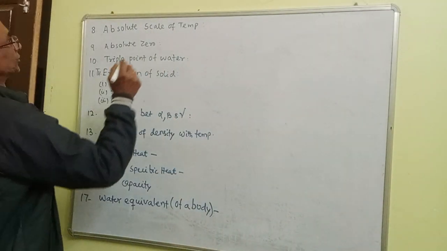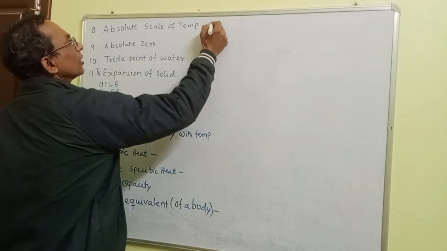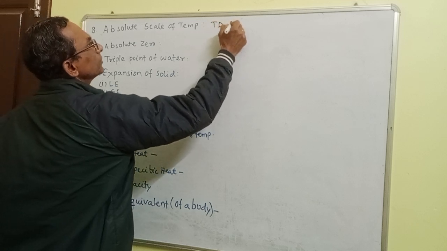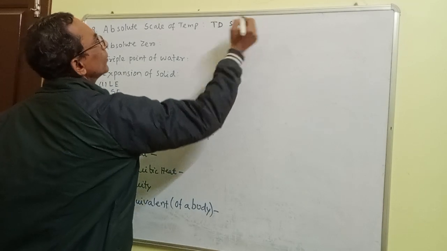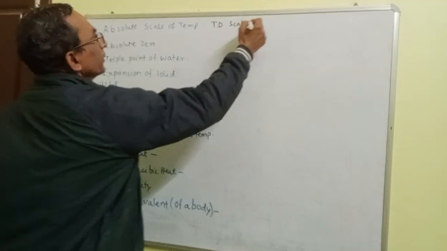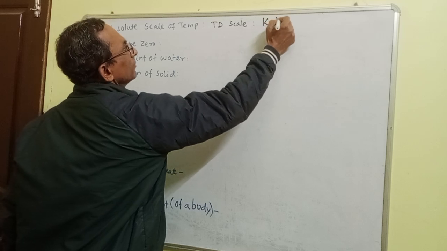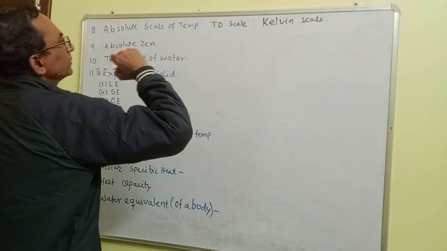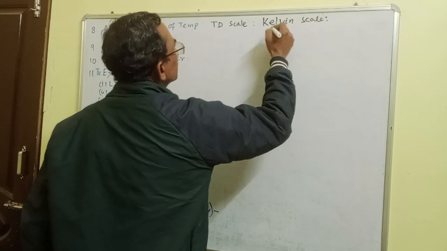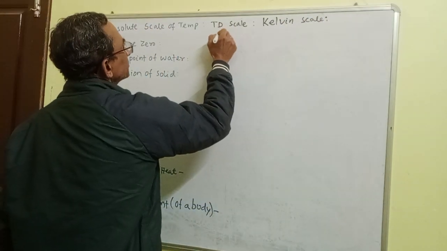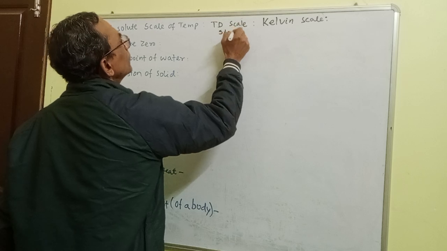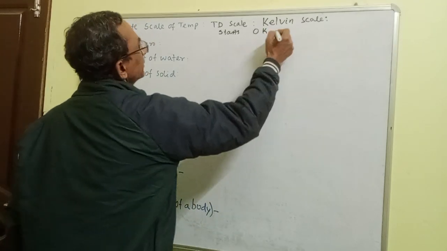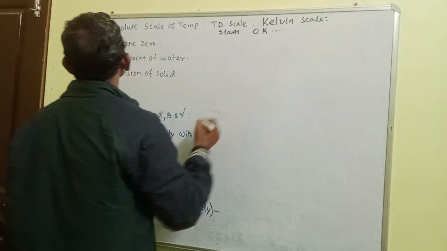Next point is the absolute scale of temperature, or thermodynamic scale of temperature, or the Kelvin scale. This scale starts from 0 Kelvin. This 0 Kelvin is the absolute zero.